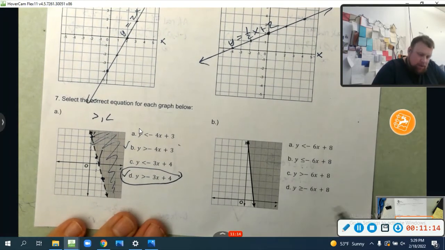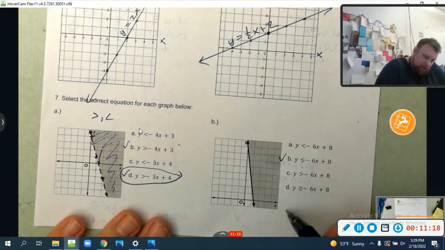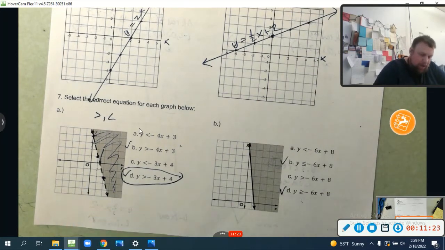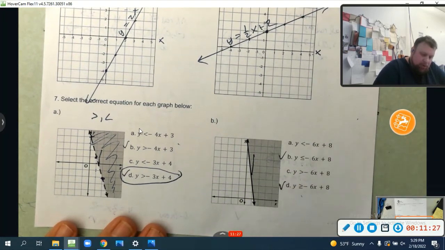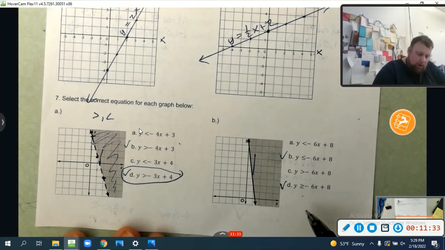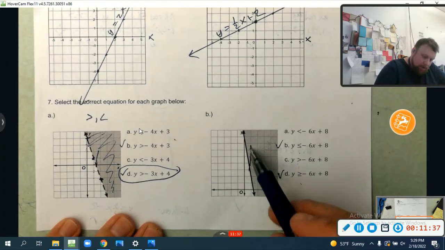All right, let's look at this one. Solid line. Solid line means it has to be greater than or equal to. So it's B or D. We're going up from the line to get into the shaded region. Therefore, the shaded region is in the greater than or equal to section. We know it's greater than or equal to because I had to go up to get there.